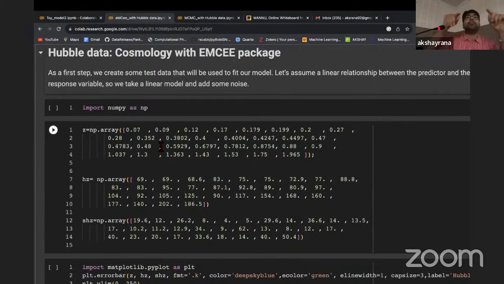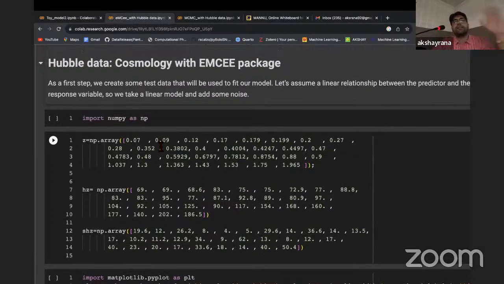In the Metropolis algorithm, you have to choose the size of the proposal function, what should be the variance. In Z sampling, you need not worry about it. How and why is in a detailed research paper by the authors who developed this Z sampling or EMCMC. I can give you the reference paper, one can read about it. But for timing, I'll just let you know about the working.